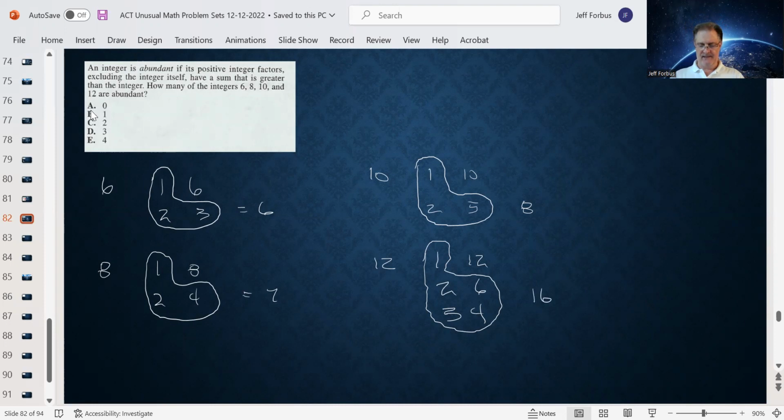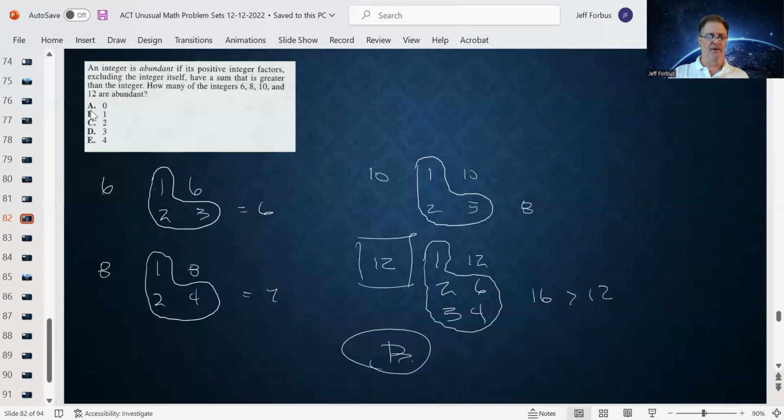Now, is 16 greater than 12? It is. So therefore, 12's factors have a sum that's greater than itself. How many of the integers out of 6, 8, 10, and 12 are abundant? There's only one, 12. So answer choice B as in boy.